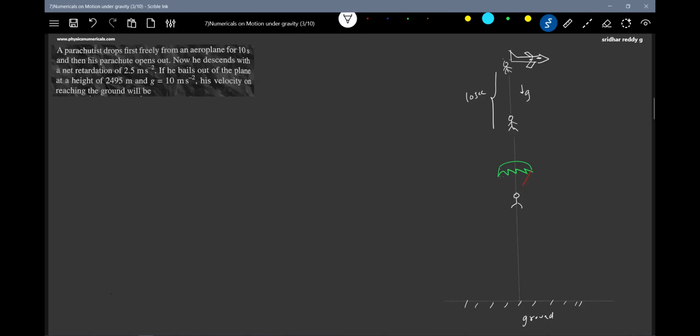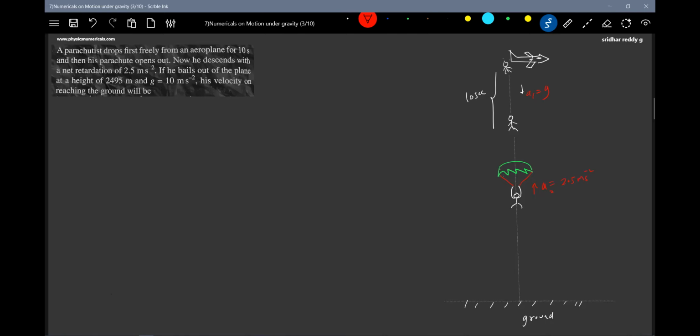Let me draw it. He will hold like this. Now he's going to descend, so his retardation will be 2.5 meters per second square.